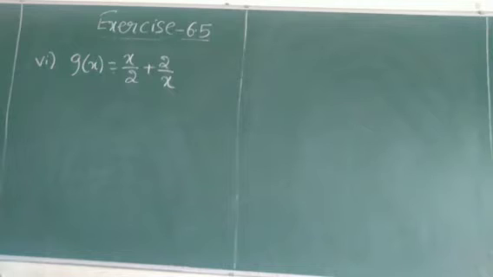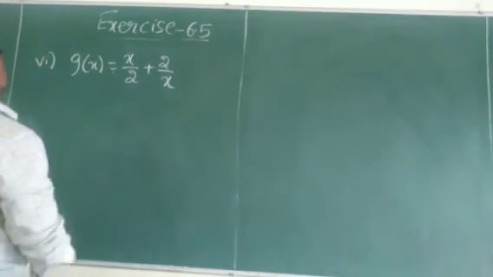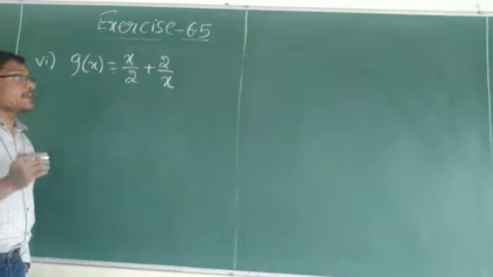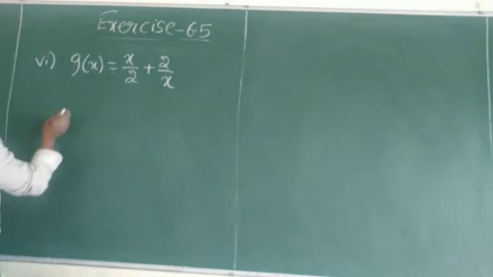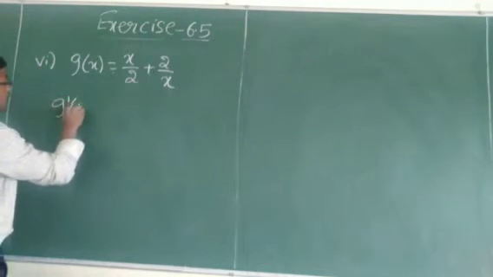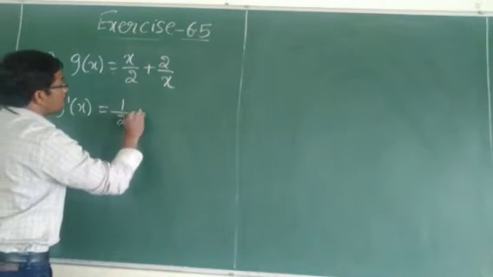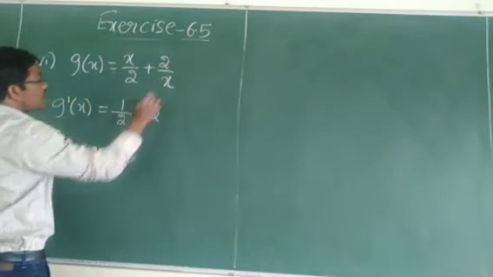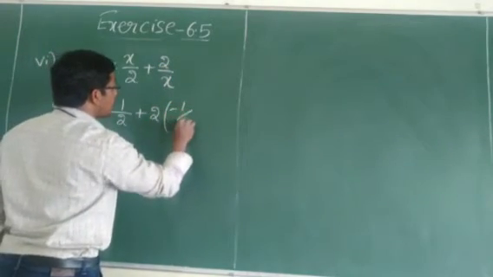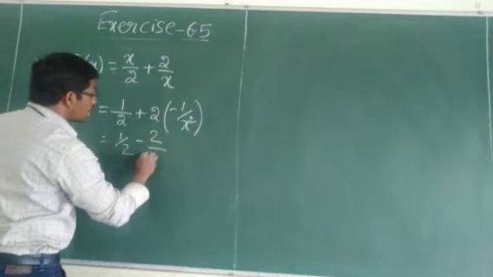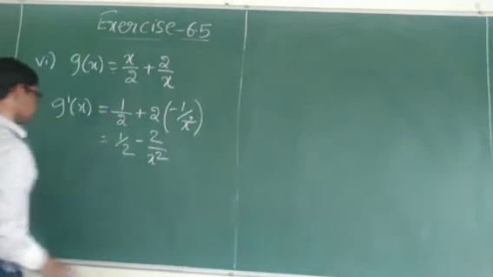Next question, g of x equal to x by 2 plus 2 by x. The condition is x is greater than 0, so we should consider only critical points greater than 0. Let's take the derivative. The derivative of x is 1, so we get 1 by 2 plus 2 into the derivative of 1 by x, that is minus 1 by x square. So we get 1 by 2 minus 2 by x square.